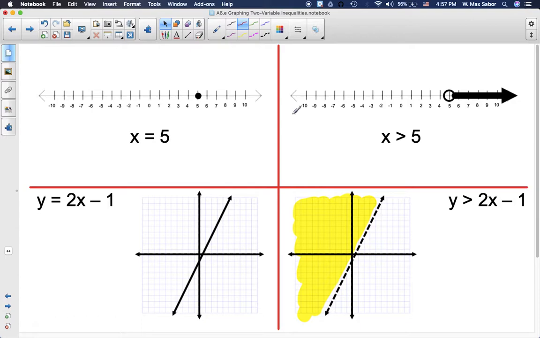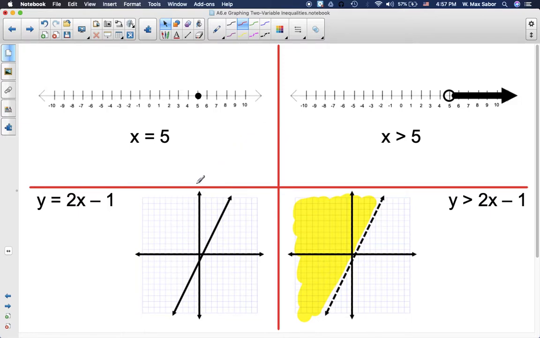So x equals 5 is graphed like this. It's a single point. X is greater than 5 is saying it's the numbers on one side of that point. Well, just like a line, y equals 2x minus 1 is a line, when you start comparing things, what it's doing is splitting the coordinate plane into two pieces.